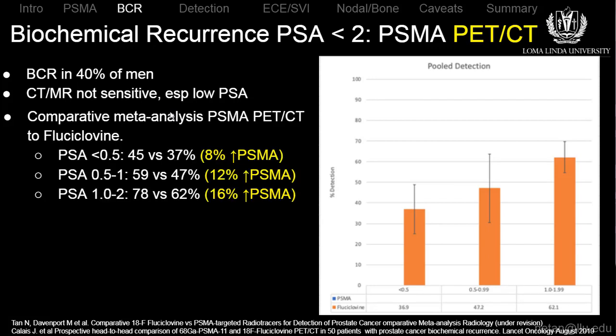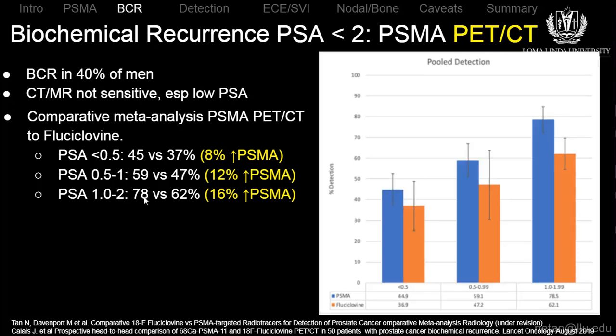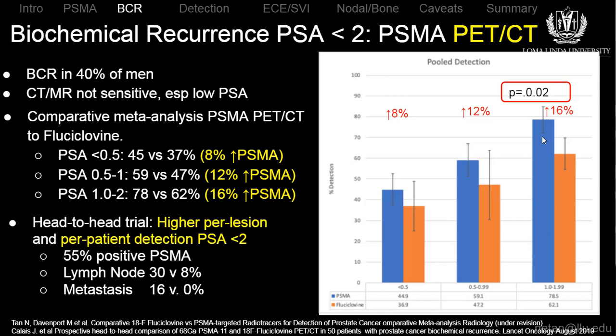We've shown in our research, performing a comparative meta-analysis, PSMA PET CT compared to fluciclovine PET CT, that PSMA has higher detection at very low PSA of 1 to 2 compared to fluciclovine. And for patients with post-treatment PSA of 1 to 2, there was a significant increased sensitivity of PSMA over fluciclovine.